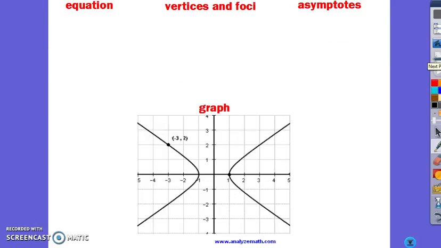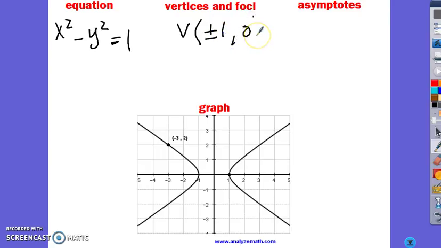Alright, it's definitely side to side, so I'm going to start with x. I know my vertices are at plus and minus 1. And it's hard to tell where the asymptotes are slanting, so I'm not going to guess because I'd probably screw it up.